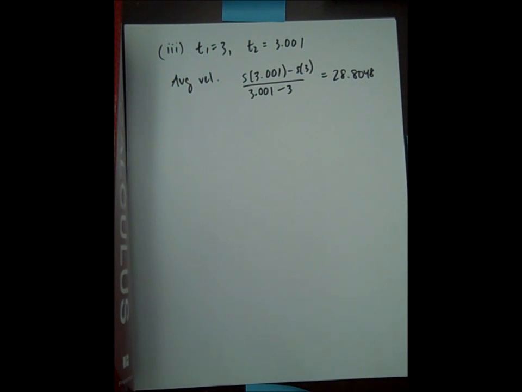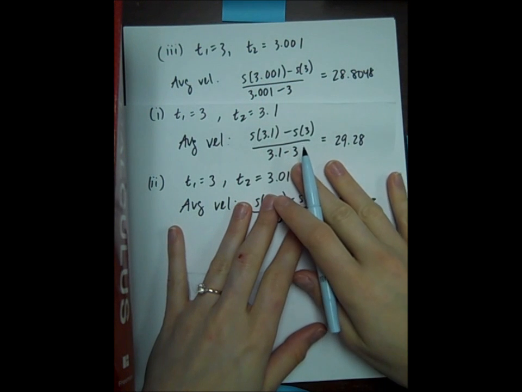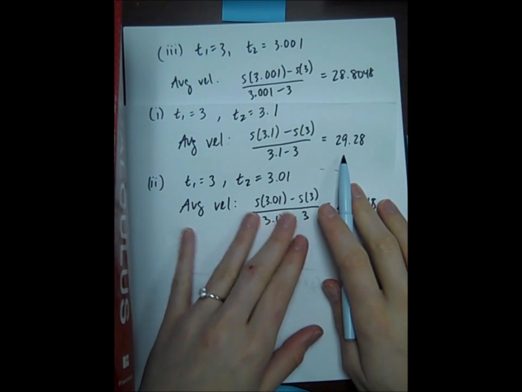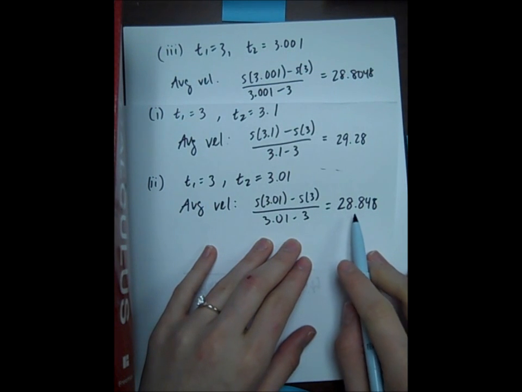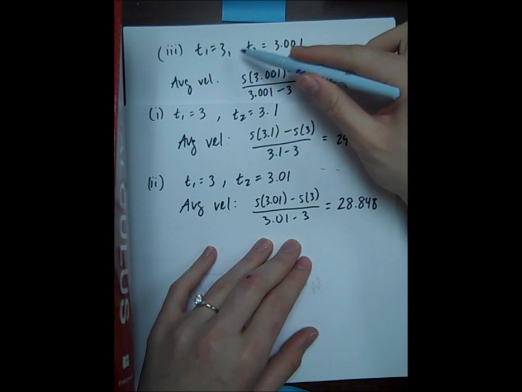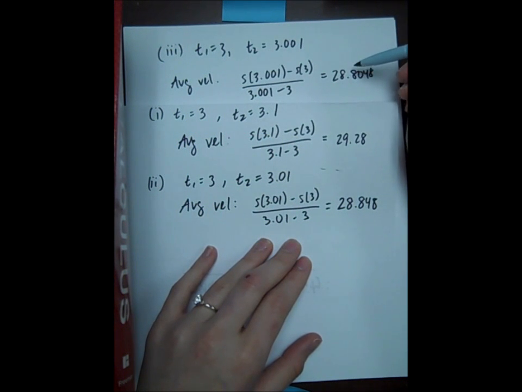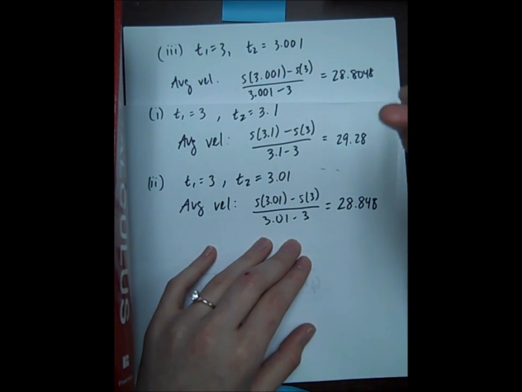So let's look at those three numbers. The first time I did it, and this was my worst estimate, I got 29.28. Second time, this is my second best estimate, I got 28.848. Third time, I got even closer to my original T, and I got 28.8048. As my estimate gets better and better, does it look like these numbers are going to something?